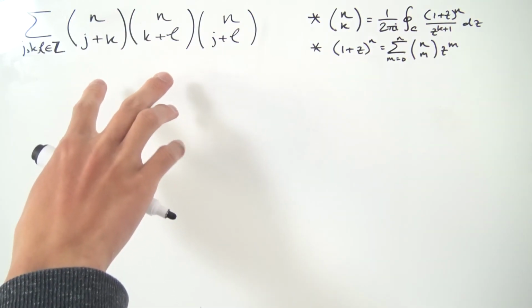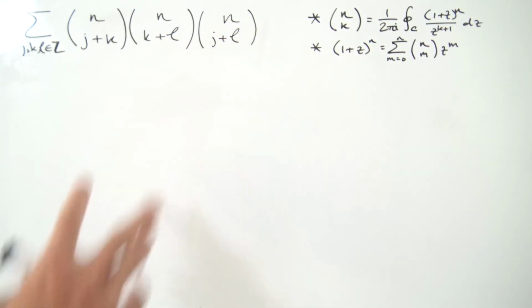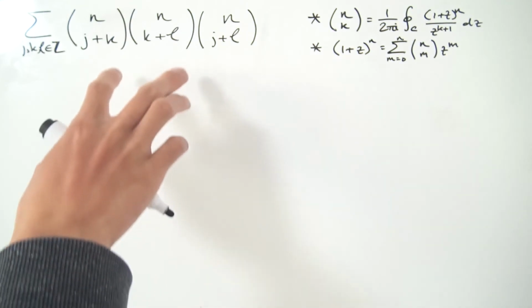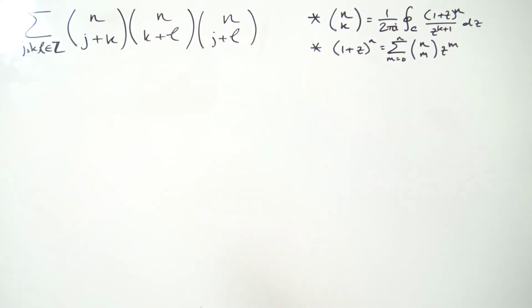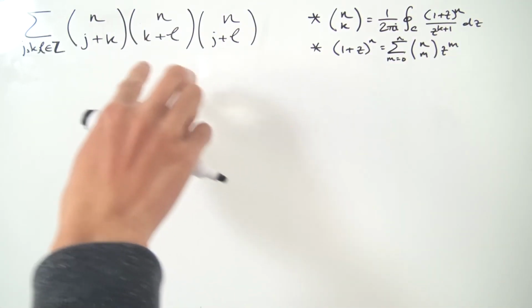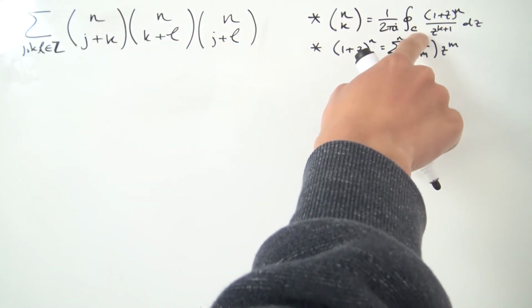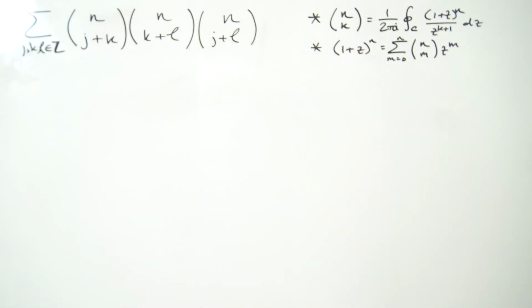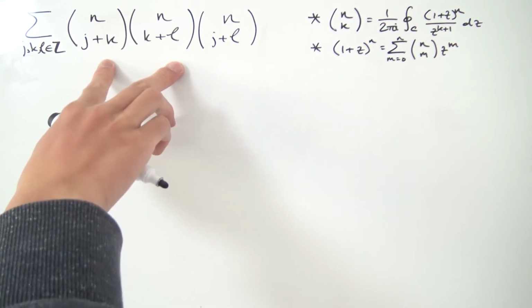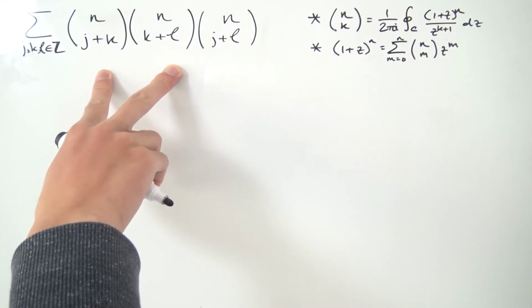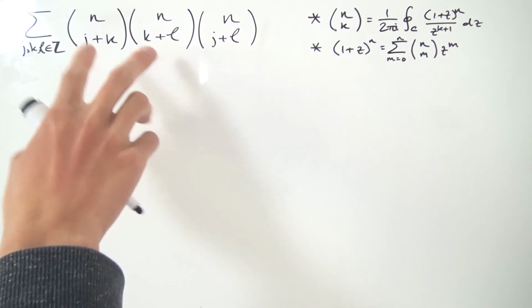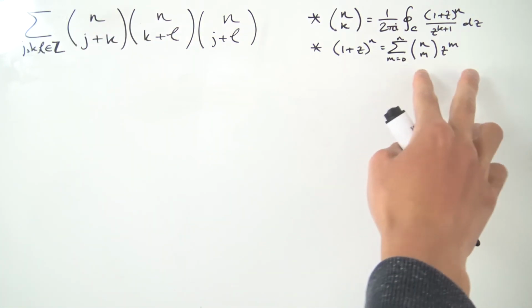So what is the tactic to solve this sum? We're going to break this up into smaller sums, and then turn these binomial coefficients into these contour integrals. But we're still going to get binomial coefficients flying around everywhere, unfortunately, and the way to resolve those is to use the second fact.